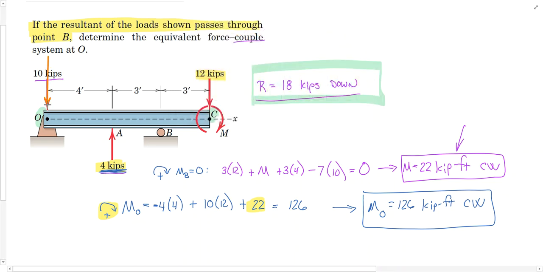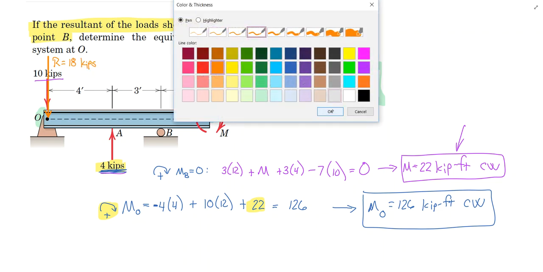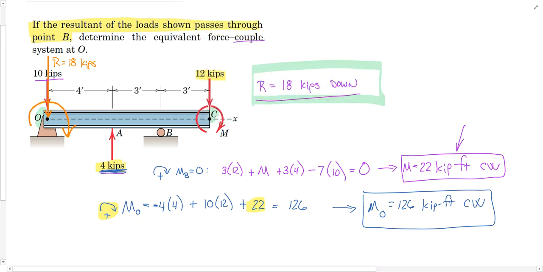So we've got a downward resultant here, R equal to 18 kips. And then we would have a clockwise moment, MO, that's equal to 126 kip feet.